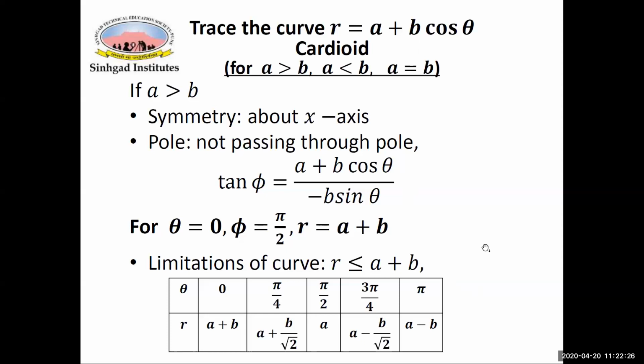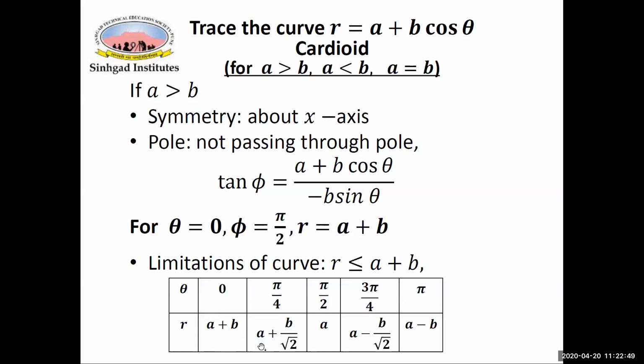Since it is symmetric about the x-axis, we'll take the range from 0 to pi. We have considered the values of theta as 0, pi by 4, pi by 2, 3 pi by 4 and pi. When I put theta equal to 0, we get r equal to A plus B.